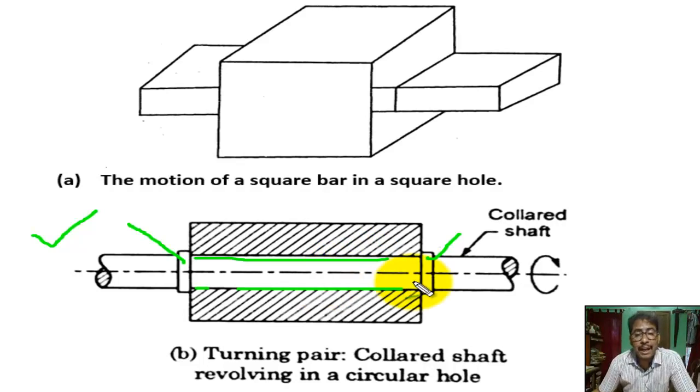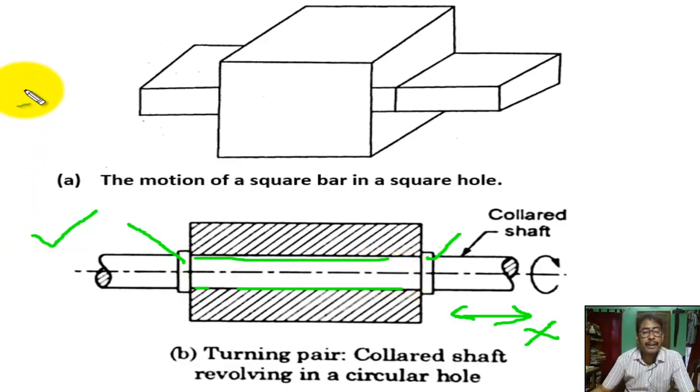Here the motion is only rotating motion. Reciprocating motion of the shaft is restricted. Reciprocating motion of the shaft is not allowed by adding this collar and this collar. Okay, this is example 1, this is example 2. These are examples of completely constrained motion.